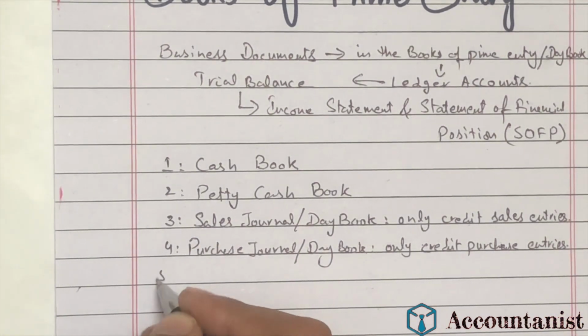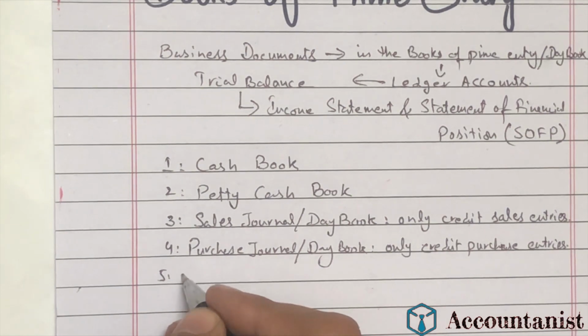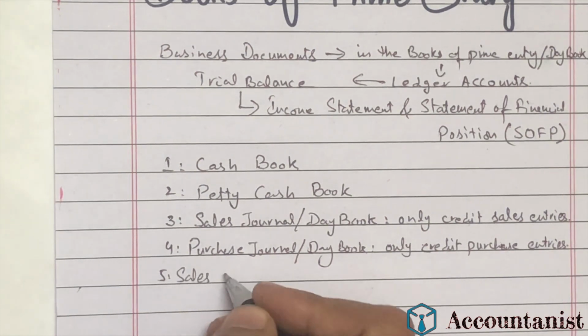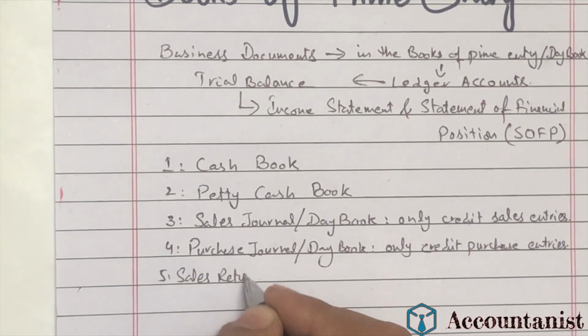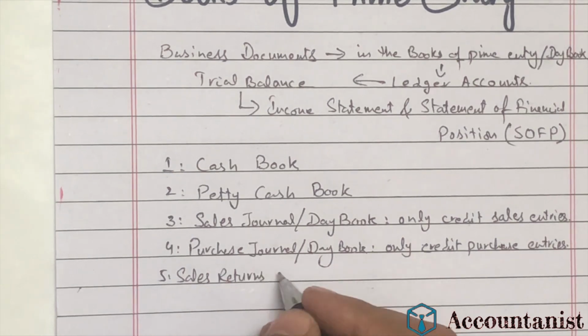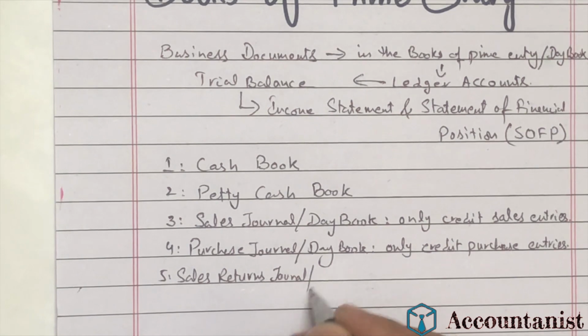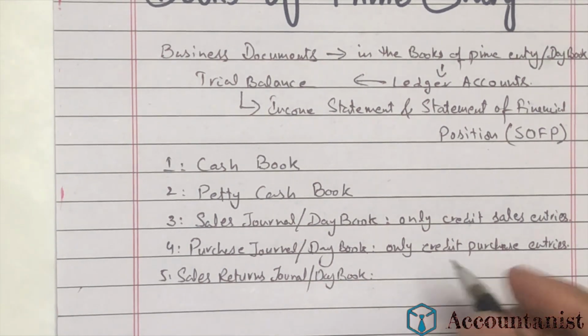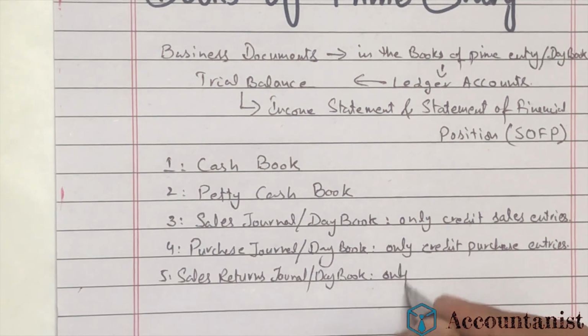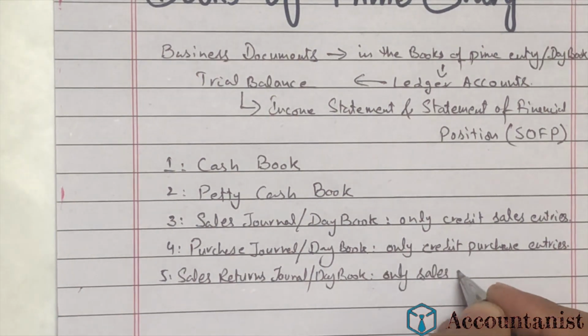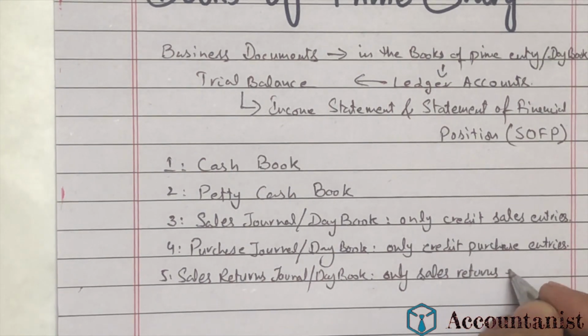The fifth one is the sales returns daybook or journal, in which we record only sales returns entries.